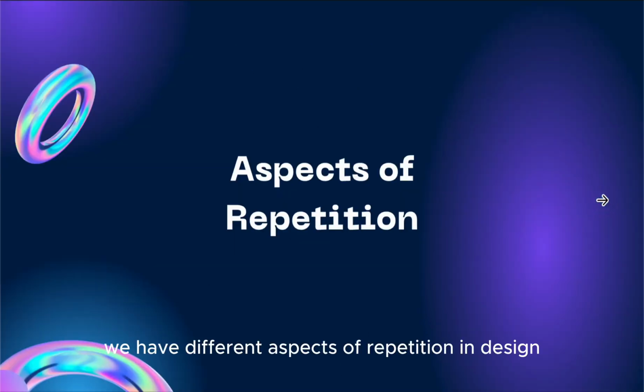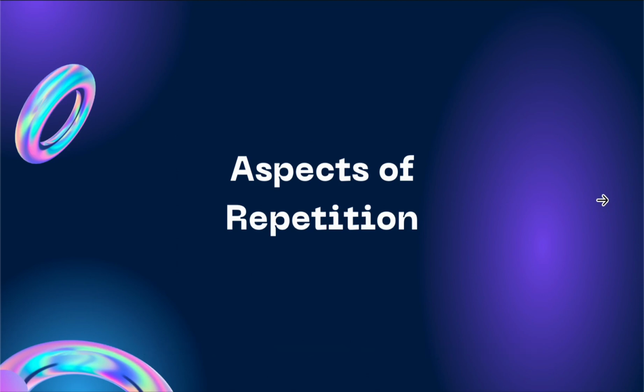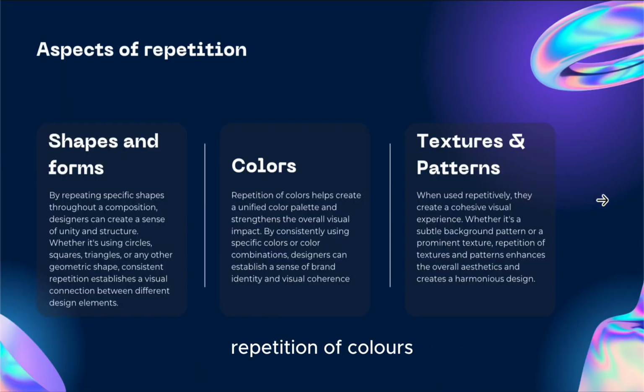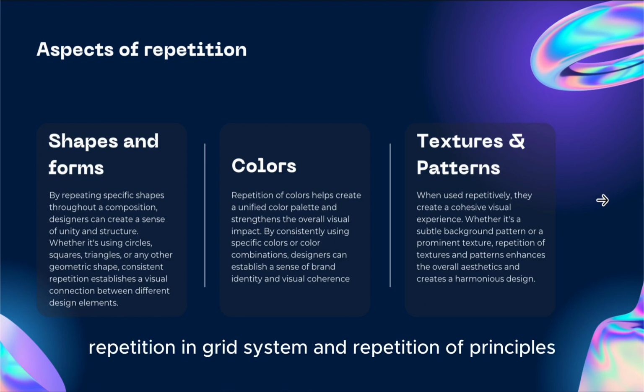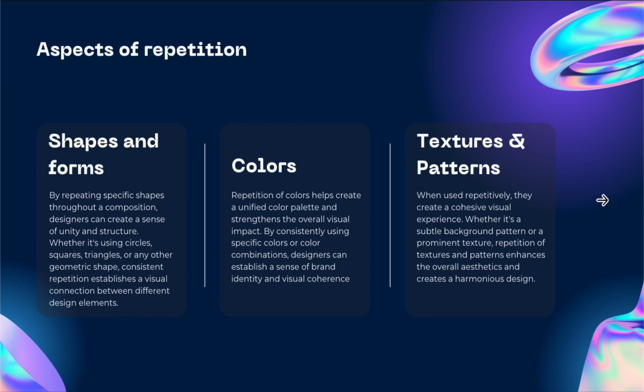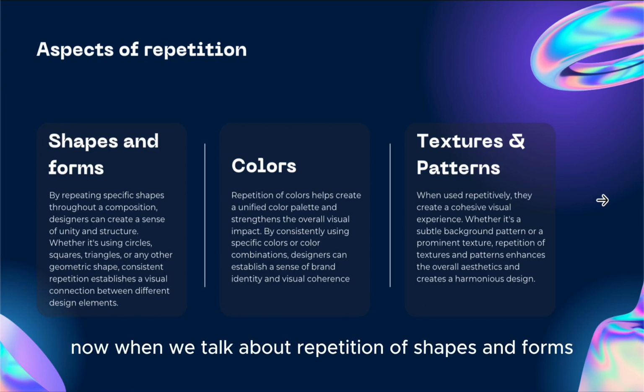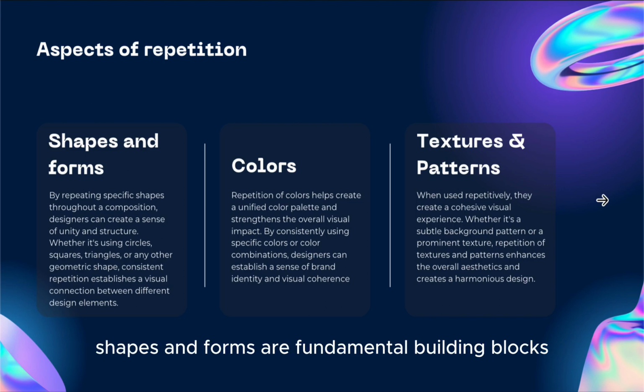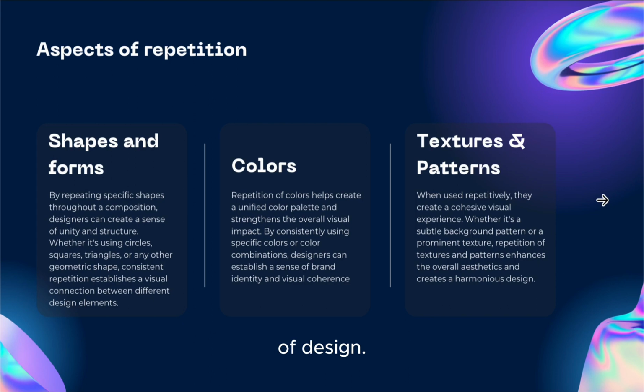We have different aspects of repetition in design, and we can summarize them as repetition of shapes and forms, repetition of colors, repetition of textures and patterns, repetition of typographic styles, repetition in grid system, and repetition of principles. Now, when we talk about repetition of shapes and forms, shapes and forms are fundamental building blocks of design.